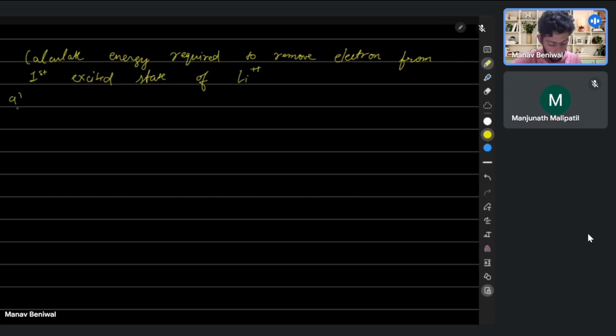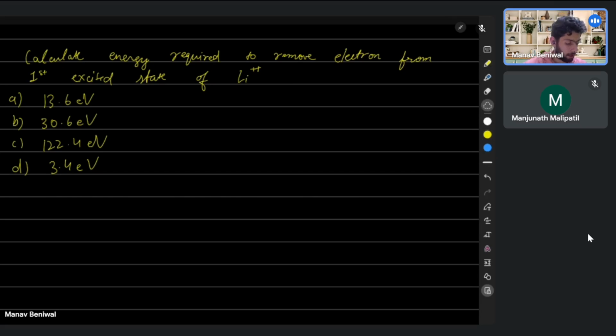Options are 13.6 eV, 30.6 eV, 122.4 eV, or 3.4 eV.